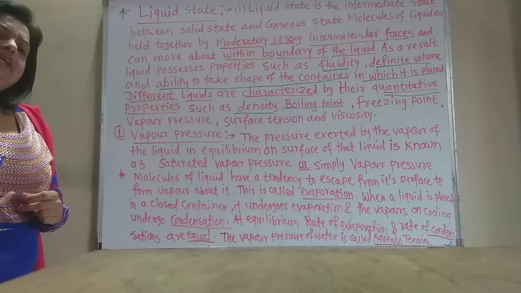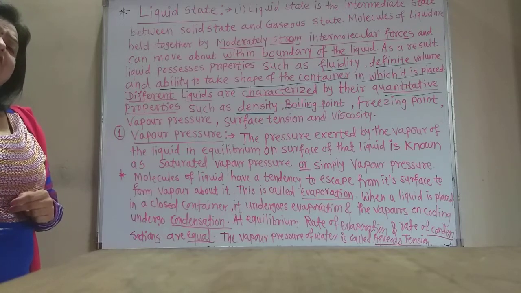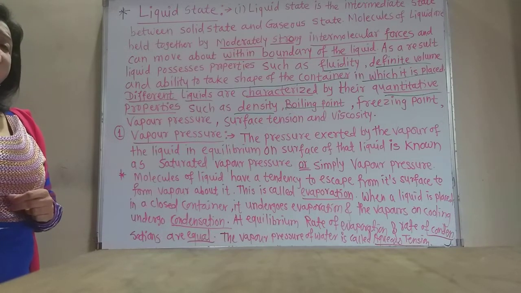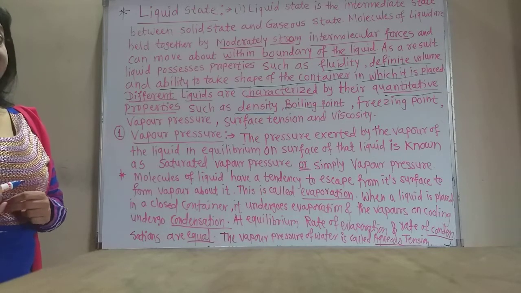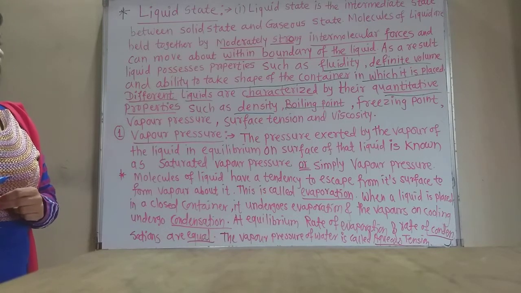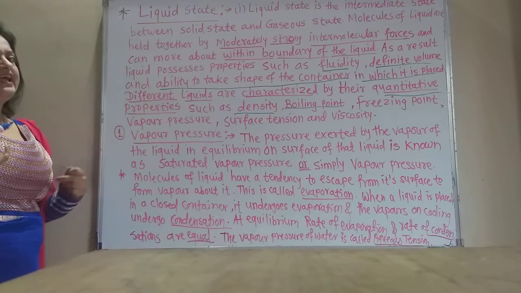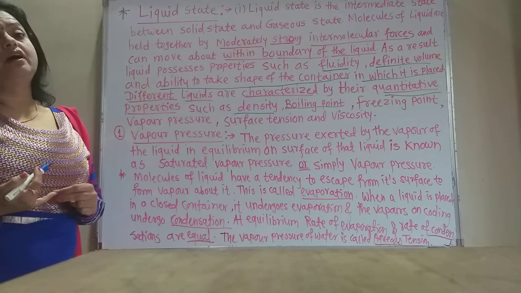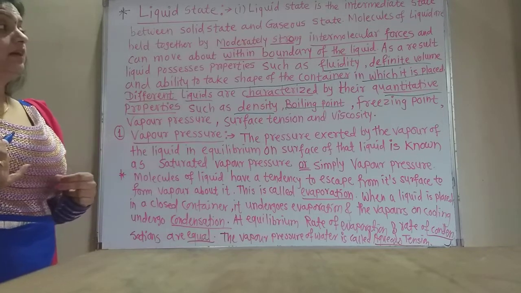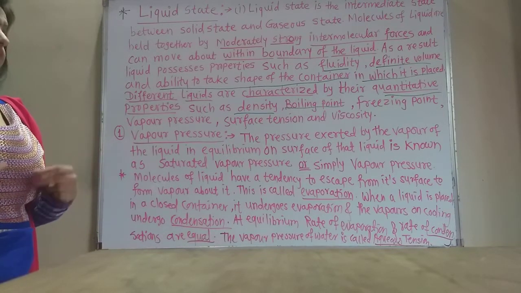At 0 degrees centigrade, ice and liquid water are in continuous coexistence, and that is the freezing point of water. 0 degrees centigrade is the temperature at which both states, solid and liquid, are in equilibrium, called the freezing point.